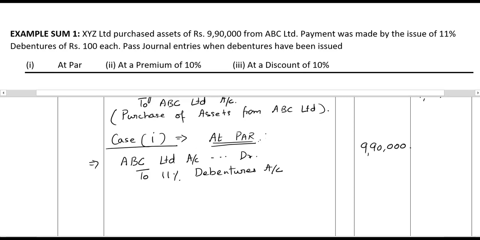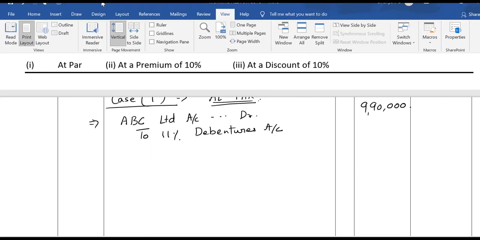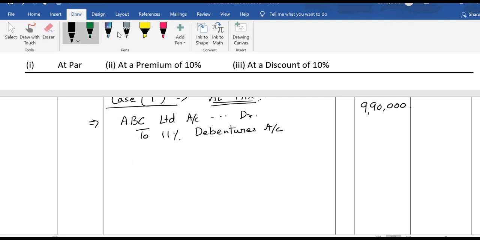We need to calculate the number of debentures. We will do it as part of working note.